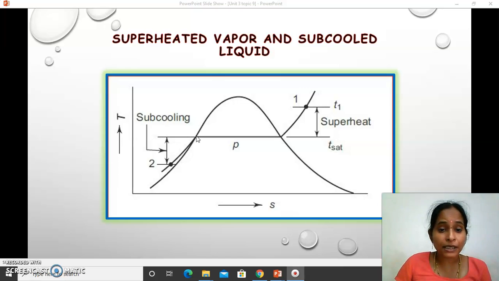If its temperature is lower than the saturation temperature, if it is not about to vaporize, if it has not reached that level, then this is in the region of subcooling. Okay, so the degree of subcooling is the difference between the saturation temperature and the subcooled temperature.